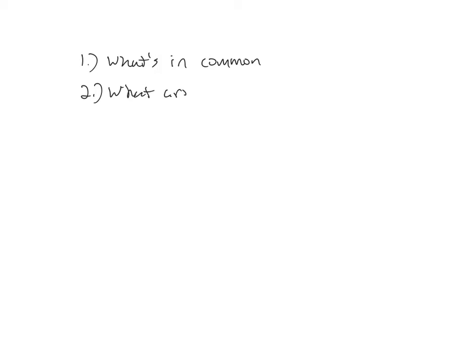Step 2, what are the signs in my answer? Some teachers don't teach it this way, some do. I think it's beneficial. So we could have a problem, and I'm just making up numbers. I'm not going to solve them.